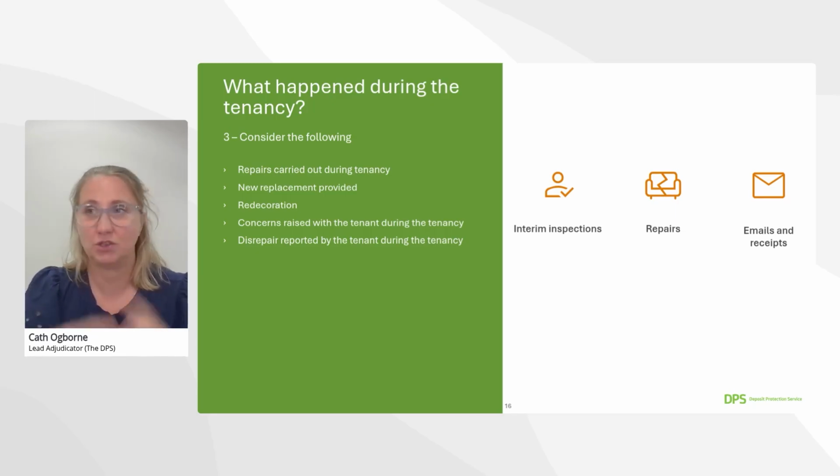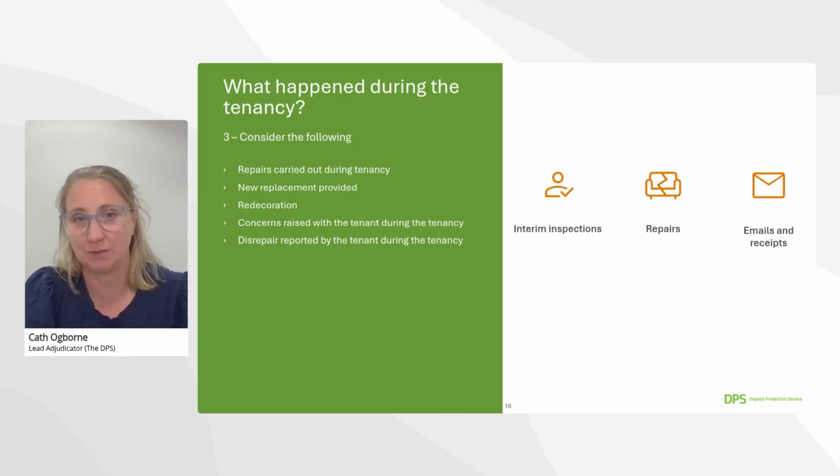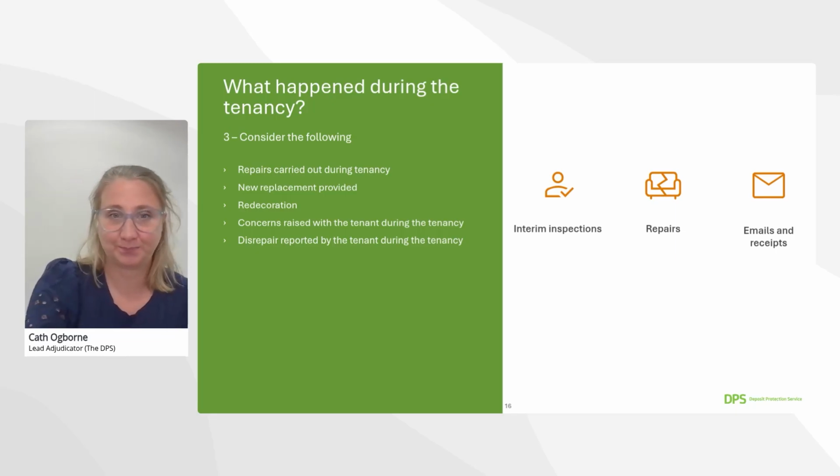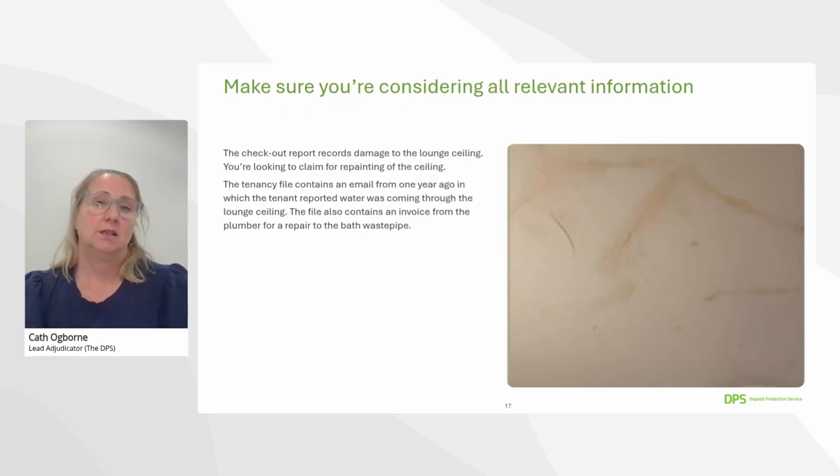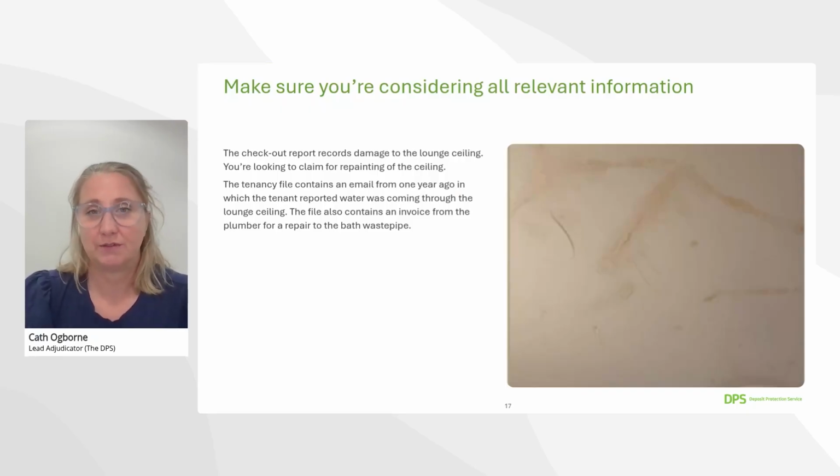The checkout report showed there were 3 chairs that had been completely dismantled. But when you're reviewing that evidence alongside the correspondence from the tenant reporting issues with these chairs, was there a breach? It seemed to me that maybe these chairs just weren't fit for purpose in the first place, and the issue was that they needed to be repaired. Okay, so make sure you are considering all of the relevant information as well.